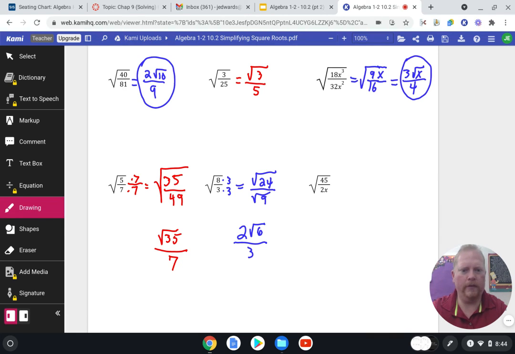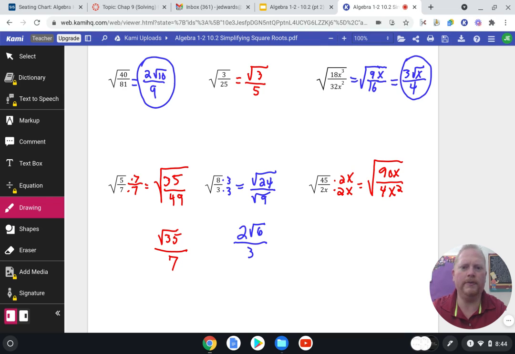Okay, square root of 45 over 2x, nothing reduces. So let's go ahead and multiply the denominator by itself. So 2x here and 2x there. That gives me the square root of 90x over 4x squared.